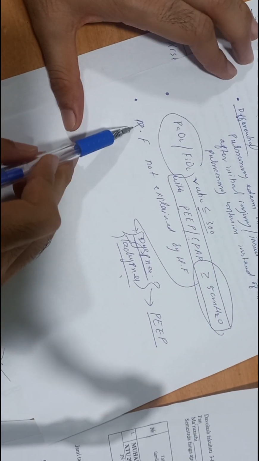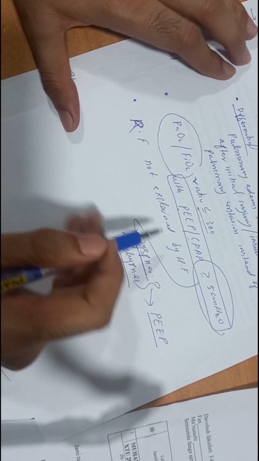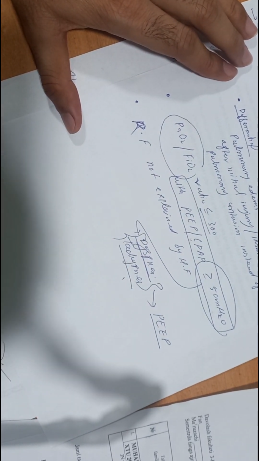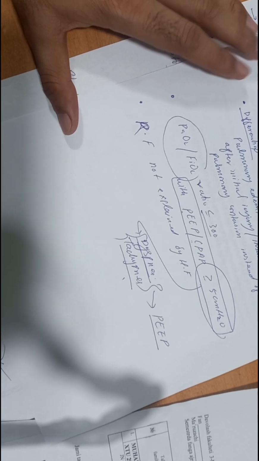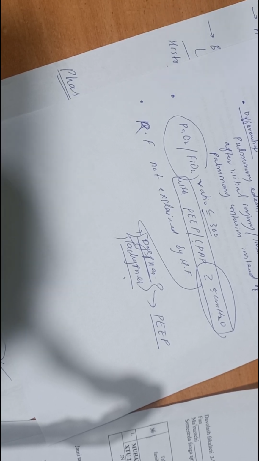Okay, the next point is respiratory failure not explained by heart failure. We know that in heart failure, when the heart is in a failed state, it cannot pump the blood out towards the external circulation. So whatever blood is there starts to pool up and accumulate within the heart.